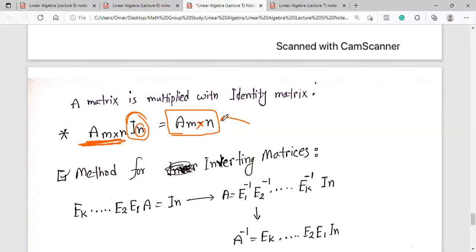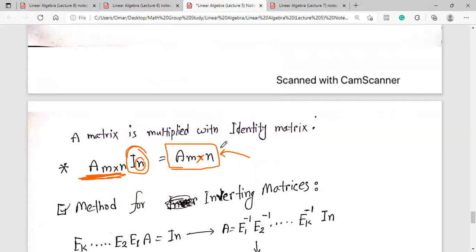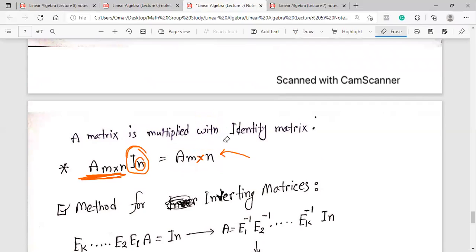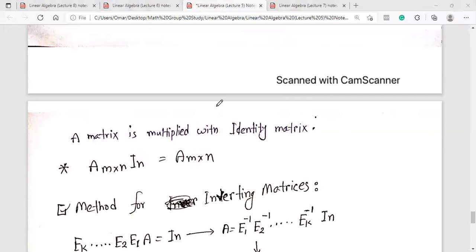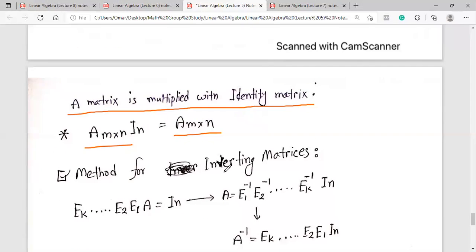That means any matrix multiplied with the identity matrix, the result will be the same matrix. So this is a very important formula. Guys, can you understand? A matrix multiplied with an identity matrix, so we get the A matrix back. There is no change.